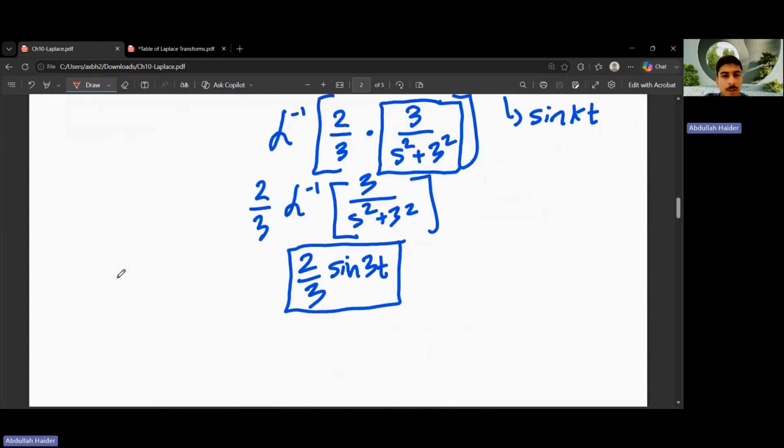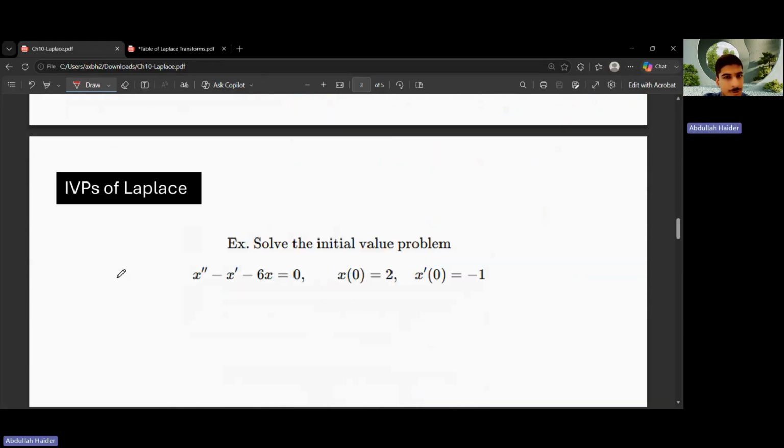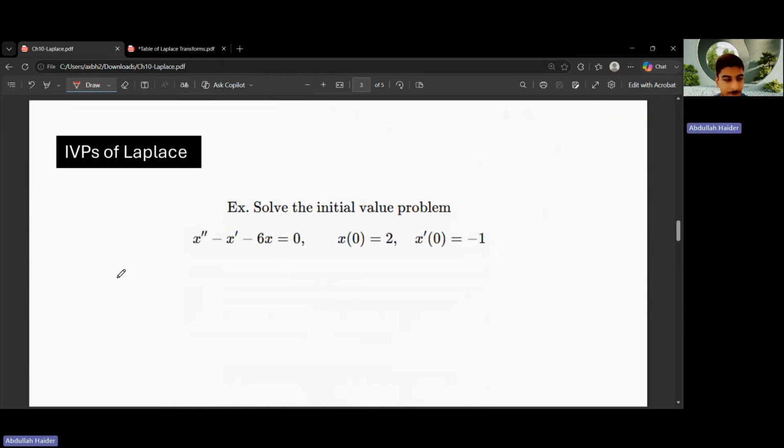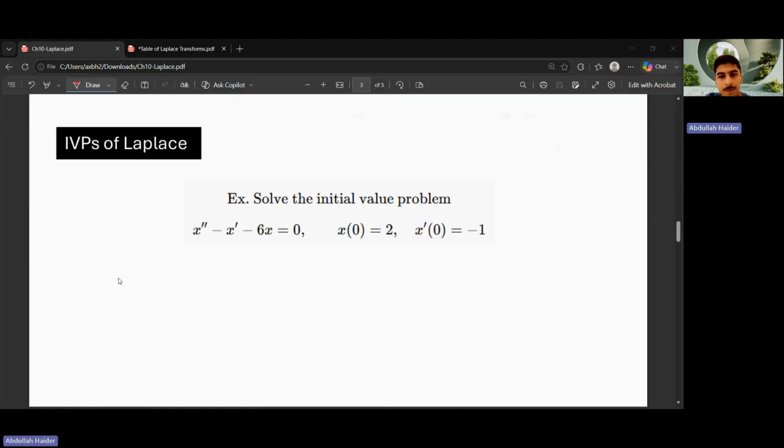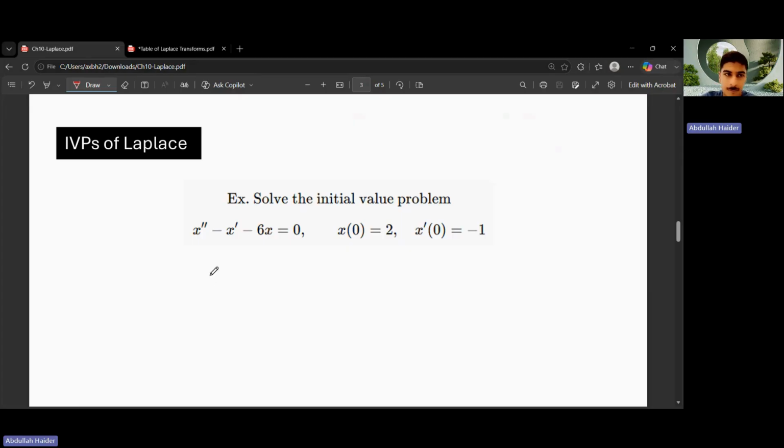Okay, and now we will move on to initial value problems of Laplace. This is basically the beginning of where the fun starts in this chapter. Whenever you have an initial value problem, it means you have initial conditions and you have this equation given.